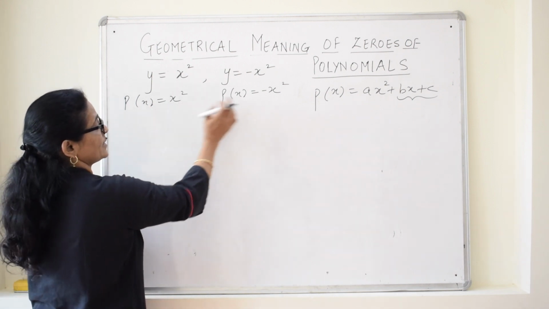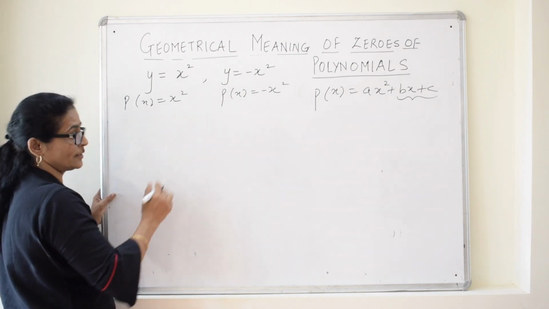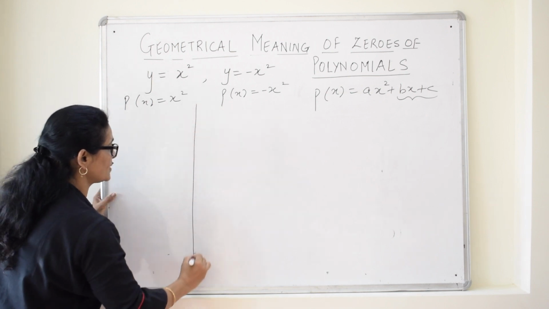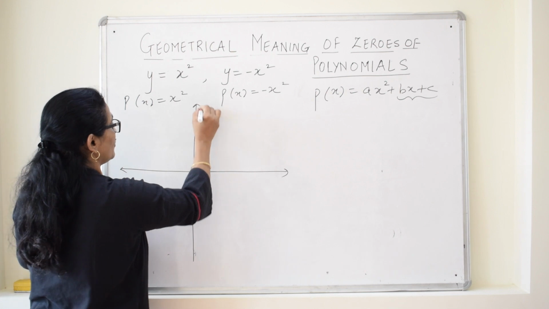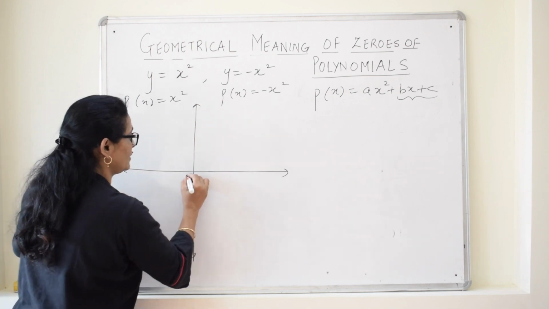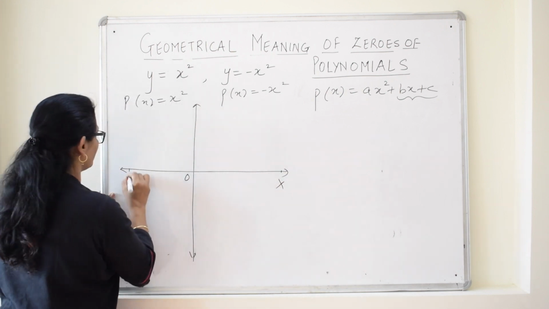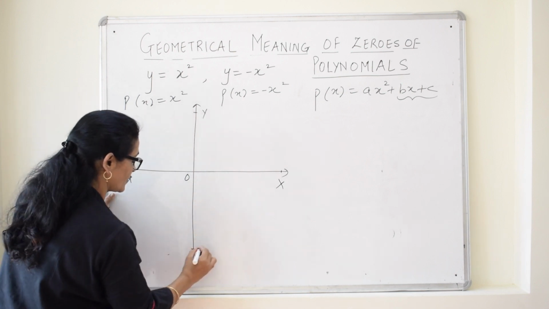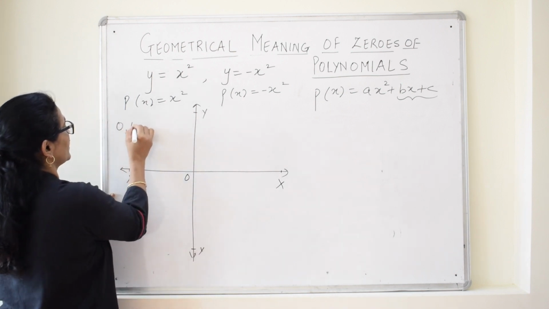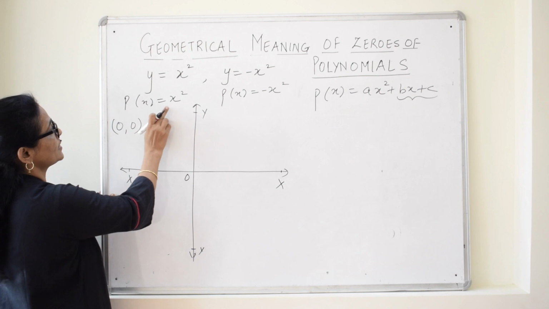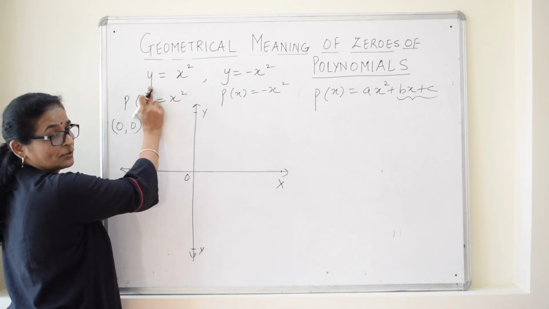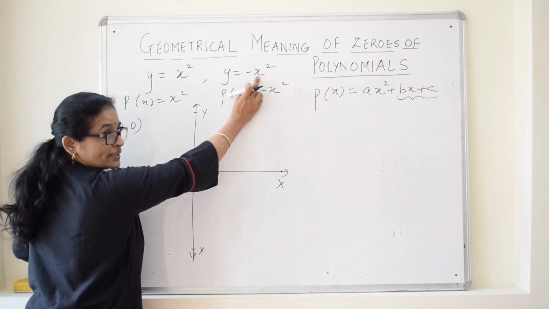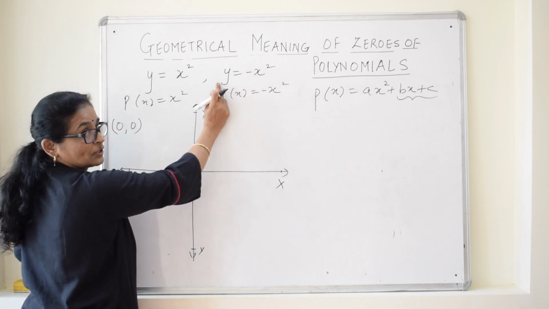If you represent these two polynomials in the graph, you will notice that both have one common point, 0, 0. Because when you substitute the value of x as 0, y will be 0. Here also, if you substitute x is equal to 0, y will be 0.